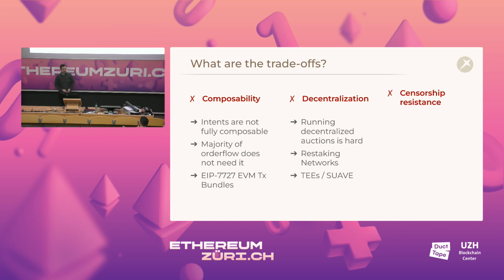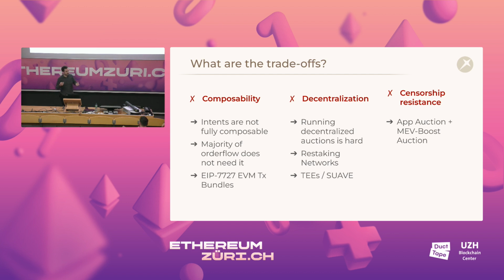The last concerning issue is censorship resistance. This is very important: if you won an auction, think of a batch auction in CowSwap, it doesn't mean the builder will like you and include it in the block.